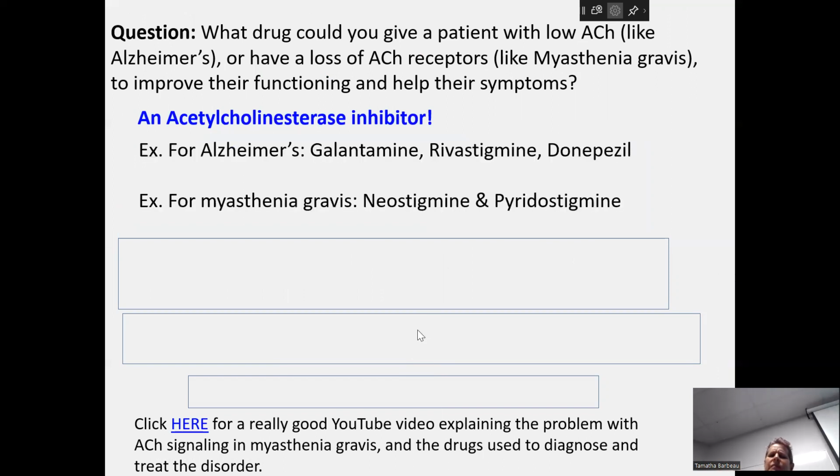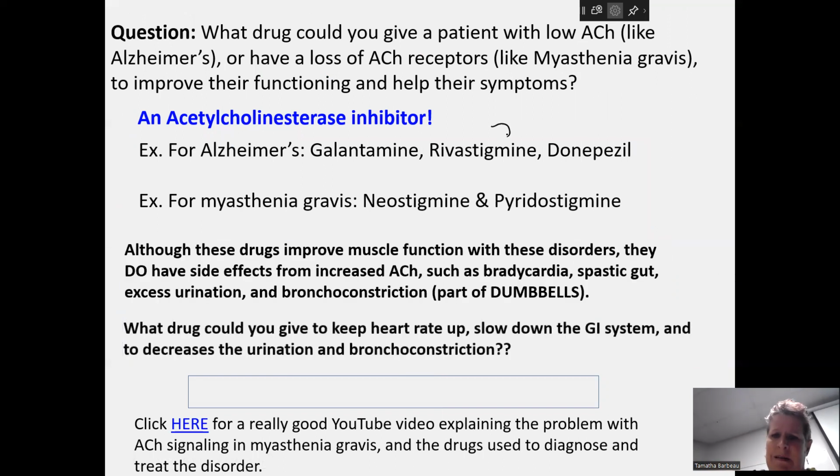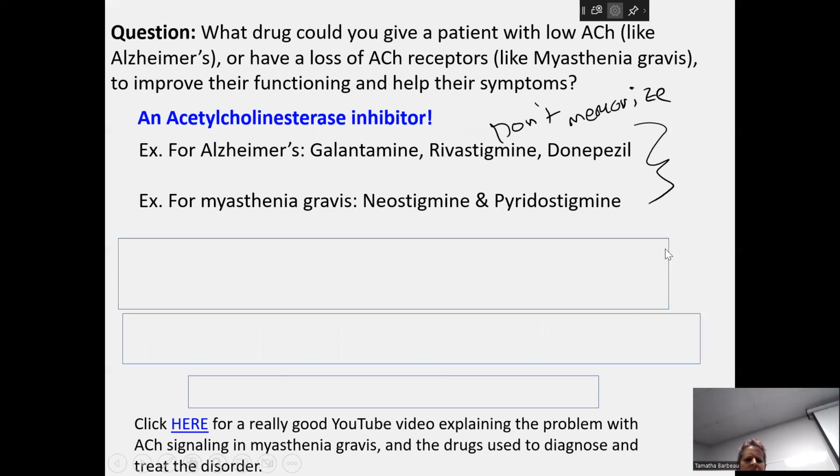All right. So you're not going to have to memorize these drugs. Do not memorize. I'm just giving you, hey, is this relevant to nursing? Yes. Let me back up a little bit. So for Alzheimer's, they have galantamine, rivastigmine, a lot of the -igmines, which are acetylcholinesterase inhibitors.